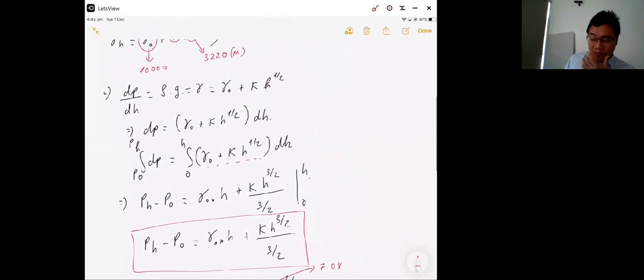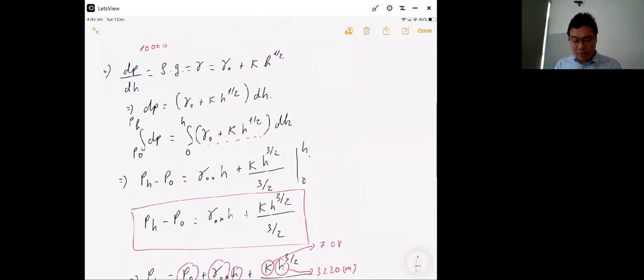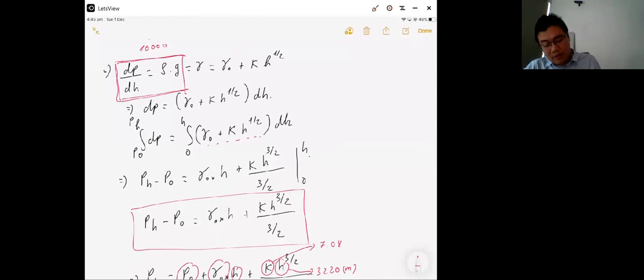So from this question, you only need to remember that if density is not constant, you have to use dP over ds equal to rho g.